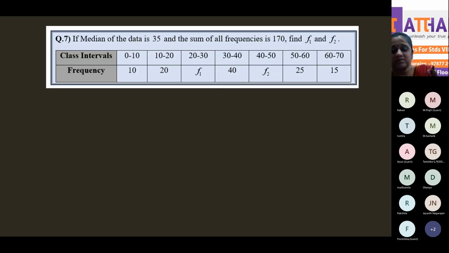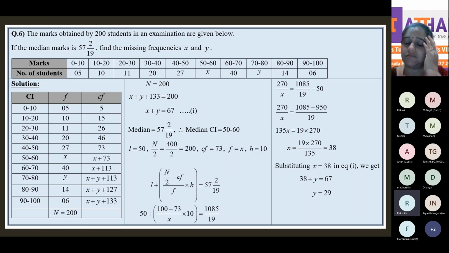Yes, Rakshita. Ma'am, I have a doubt here. Can you tell me once again how to choose the median CI? Yeah, sure. The value of the median here is 57.2 by 19, which is a mixed fraction, like 57 point something.